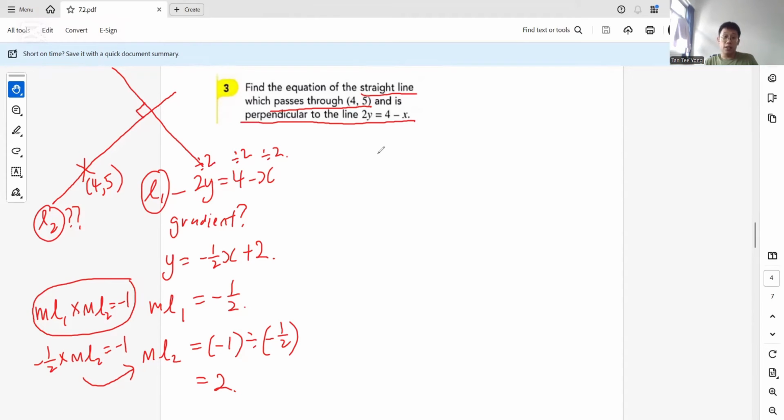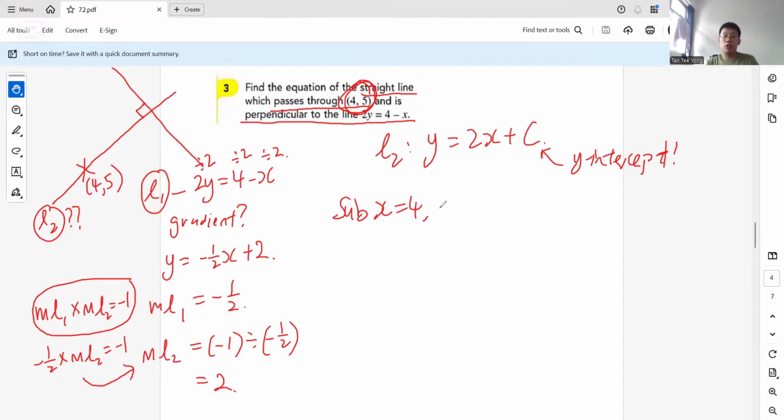Next, we know that L2 is actually y equals to 2x plus c. So we need to find out what is our y-intercept. So what do we do? We sub in a known point, this known point (4, 5). So sub x equals to 4, y equals to 5 into L2.